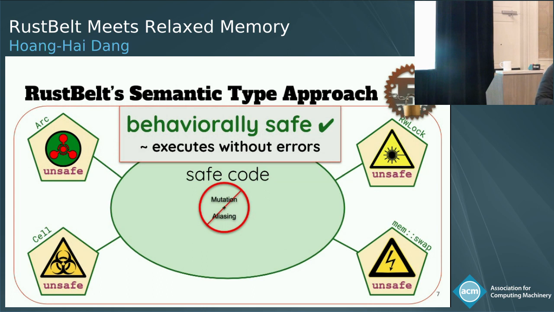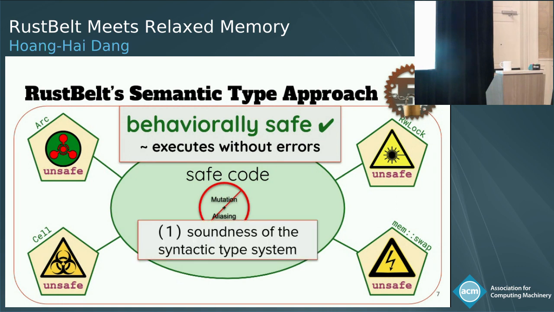And the way that RustBelt approached this problem is through the so-called semantic approach. And in this approach, there are two main tasks. One concerns the safe fragment of the language, and the other one naturally concerns the unsafe fragment. So for the safe fragment, we need to prove once and for all the soundness theorem of the syntactic type system.